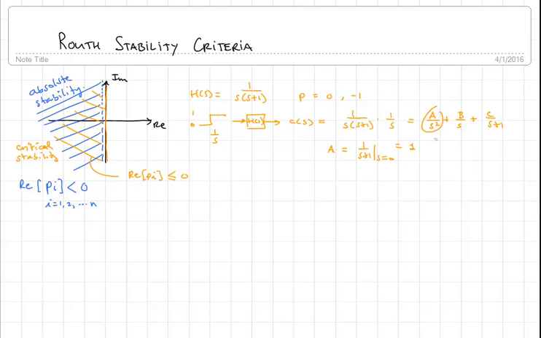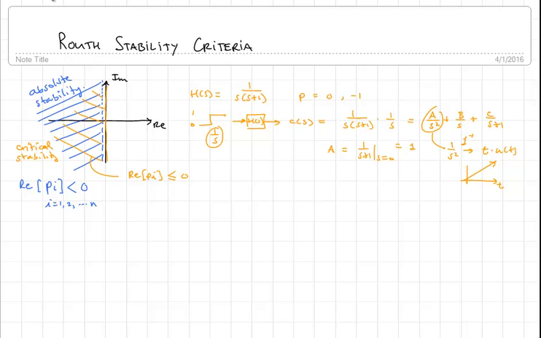So this term, 1 over s squared, has an inverse Laplace transform that is t times the unit step. In other words, it just grows in time. So it's unstable. Now this wouldn't be the case if we did not apply a constant input, but it's because the pole of the excitation is also a pole of our transfer function right here.